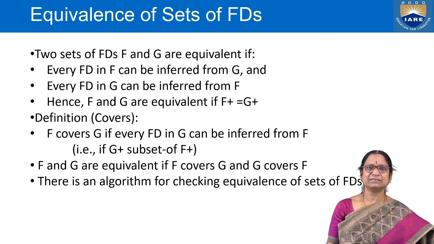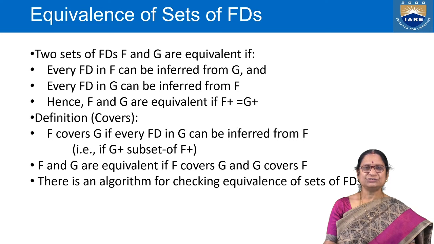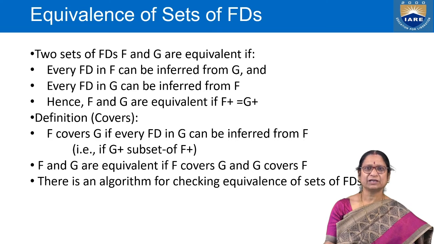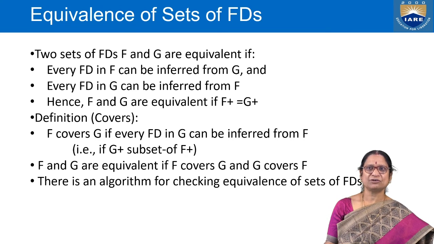Now we will define what is meant by covers. When will we say F covers G? F covers G if every FD in G can be inferred from F. That is, G is part of F plus, or G plus is a subset of F plus.